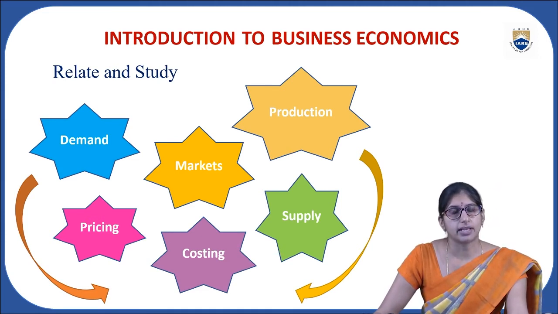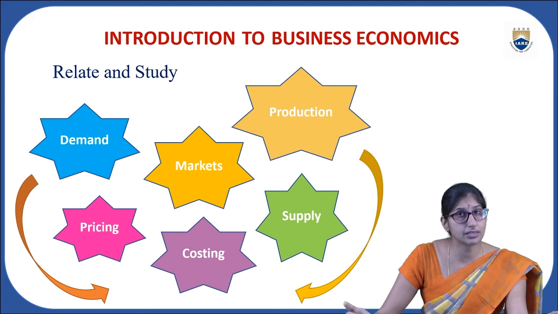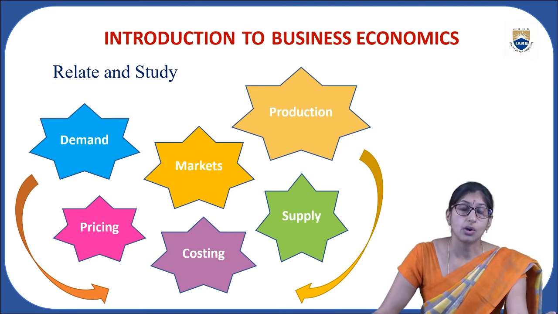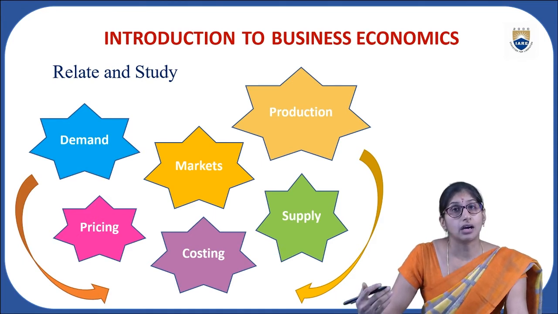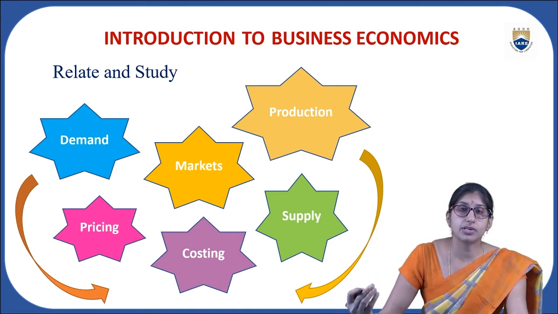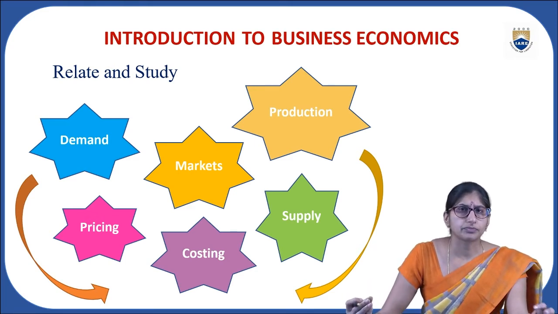The very first important point is that when we start producing something, as a producer, we must know what the demand is for that particular product. For production, we require some raw material.